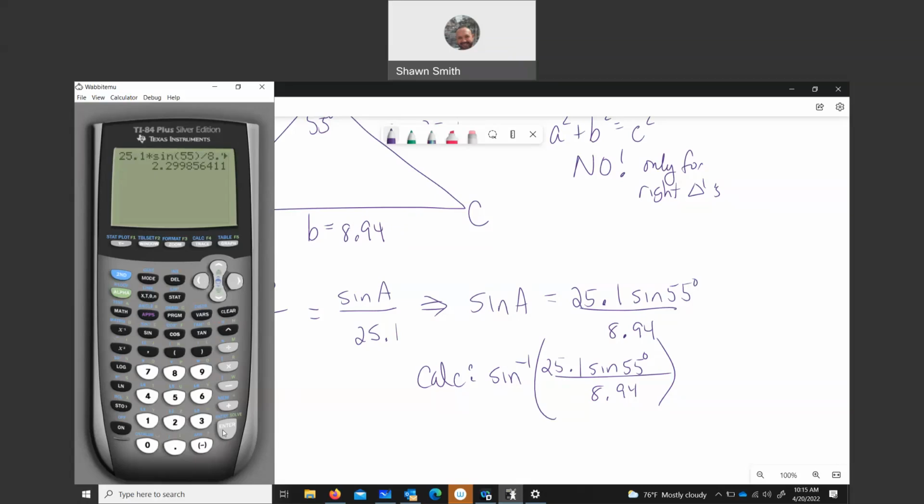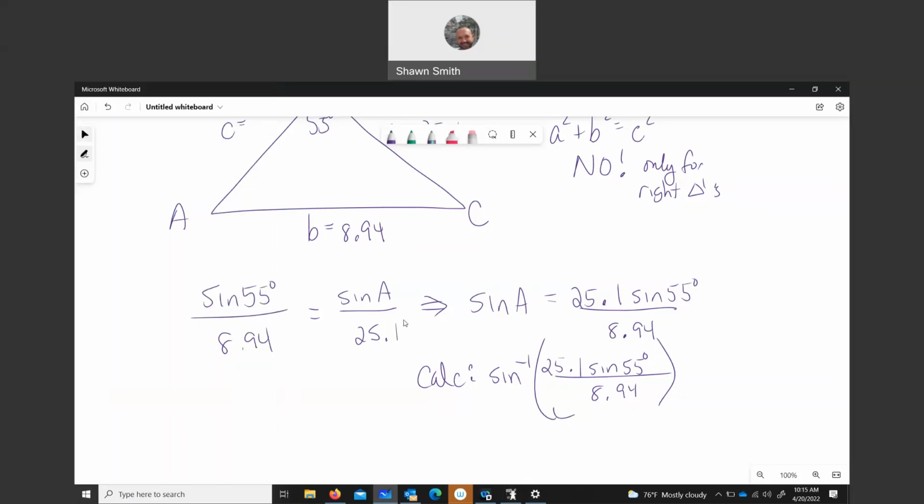That number right there is bigger than 1, right? So what angle has a sine value larger than 1? None will, right? It's always between -1 and +1.